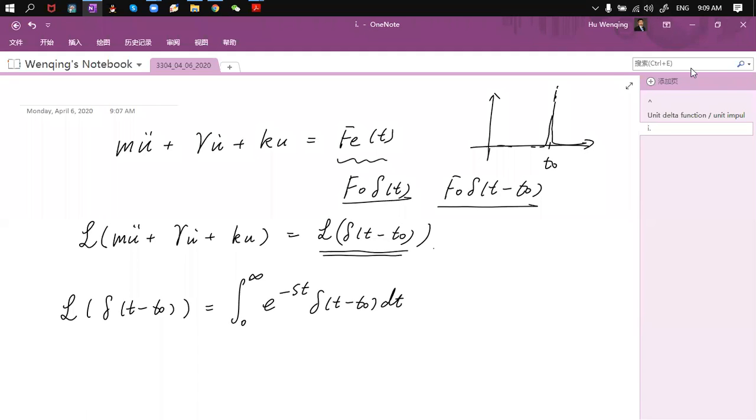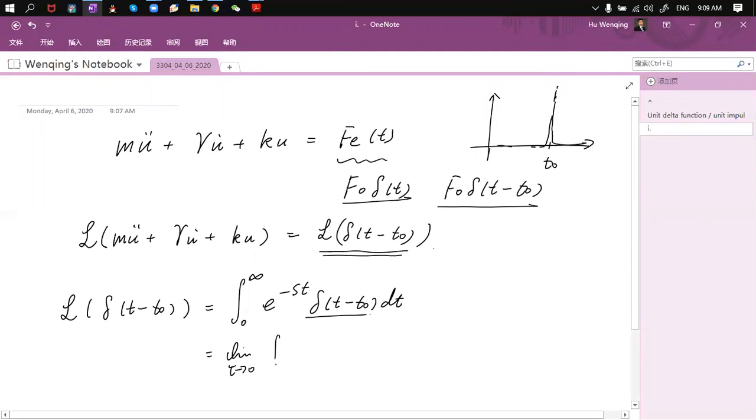You have a delta function here, so what you can do is to consider the limit as tau goes to 0 of the integral from 0 to infinity of e to the power minus s t, delta tau of t minus t0 dt.